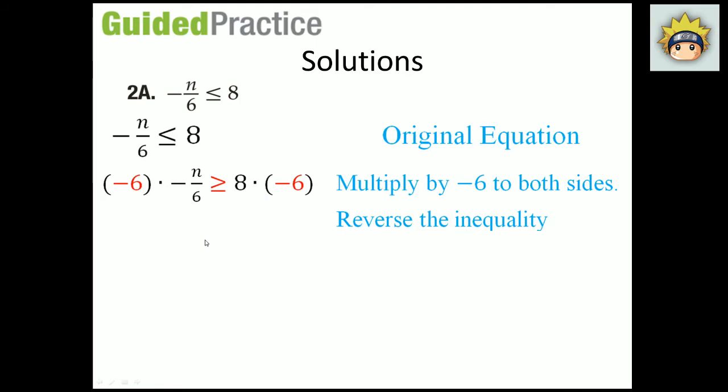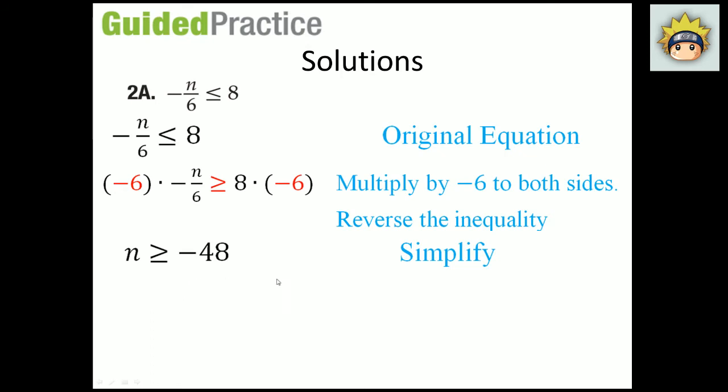The reason I multiply by negative 6 on both sides is that I'm trying to get n alone, so I use the inverse property. The inverse of dividing by negative 6 is multiplying by negative 6. After I simplify, on my left hand side I get n, which is greater than or equal to negative 48, because 8 times negative 6 is negative 48.